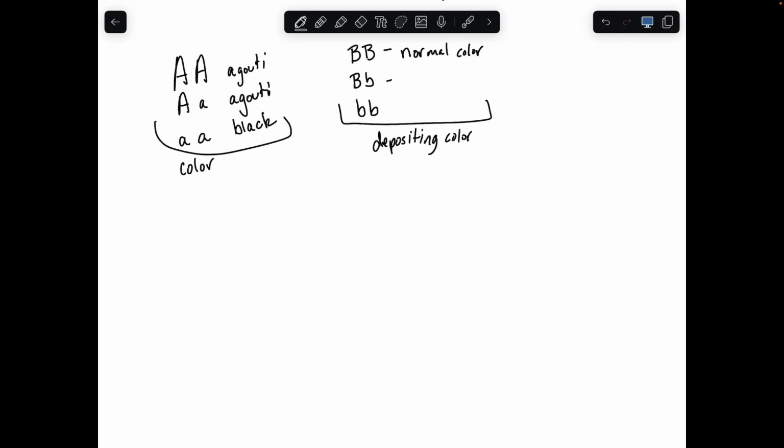So as long as a mouse has 1 dominant copy of B, they are able to deposit their color and they will be normal, whatever that normal color is. If a mouse is recessive for B, the mouse will be albino.